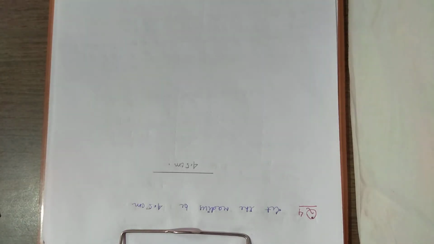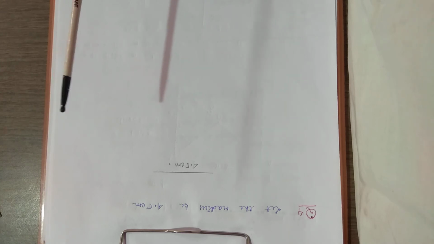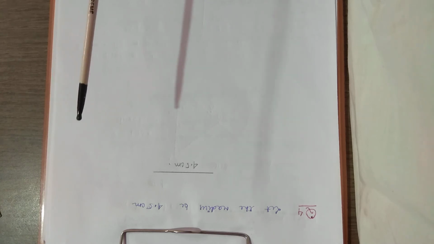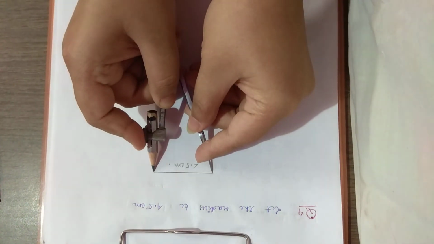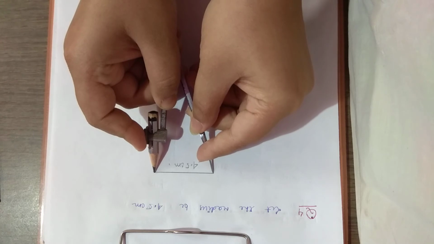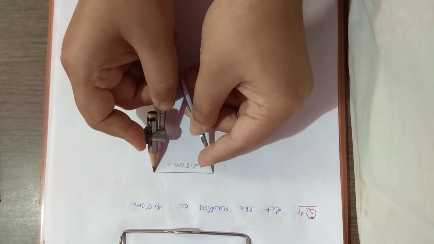Since it is told any radius, let me take the radius as 4.5. It is not compulsory that you also take 4.5. You can take any other also. Am I clear? So I will go for it. I will measure 4.5 with the compass, steel point at one end, and allow the pencil to move.